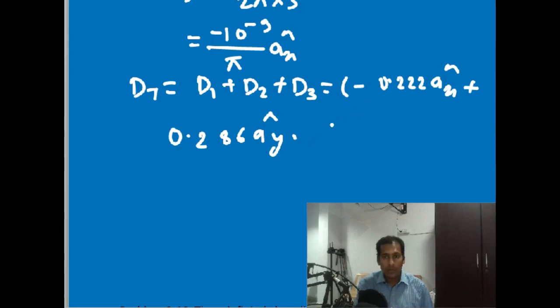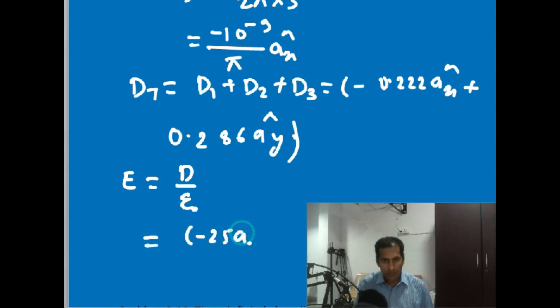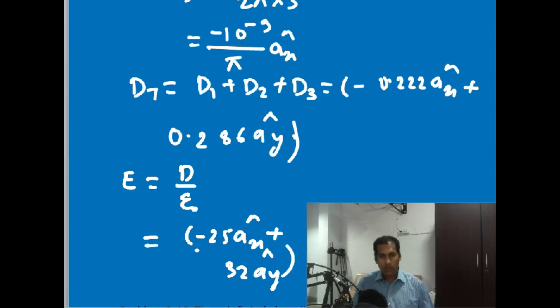So this will be the total D, and the relation between E and D is E equal to D by epsilon naught. So if we solve this, we should get a value of minus 25 AX cap plus 32 AY cap. So this should be the solution for this example.